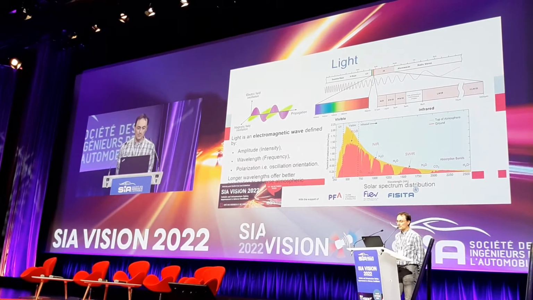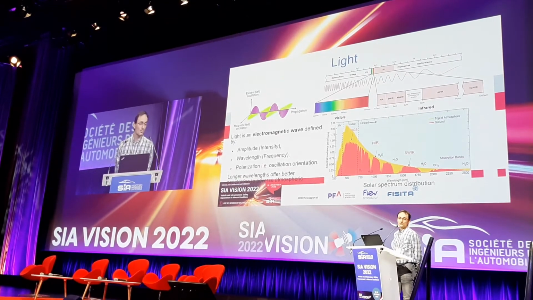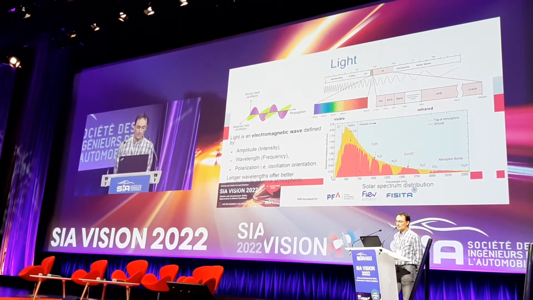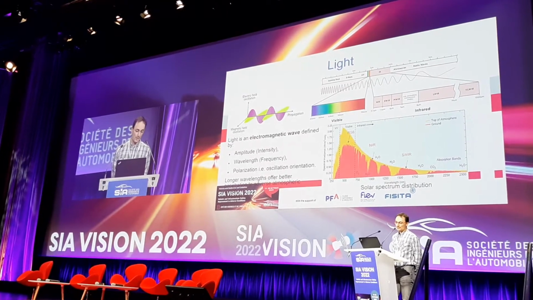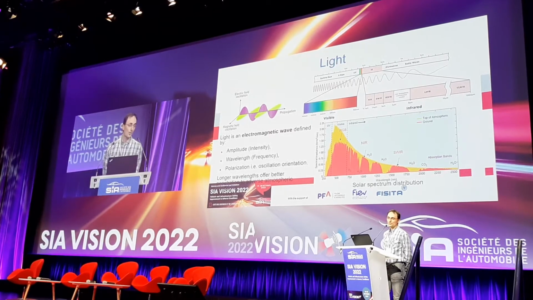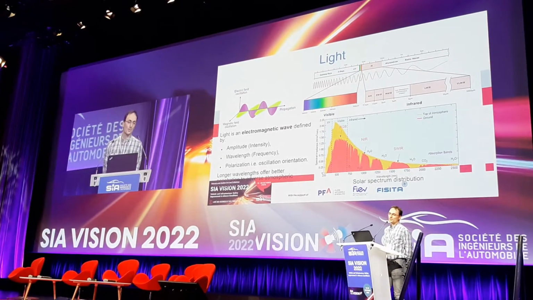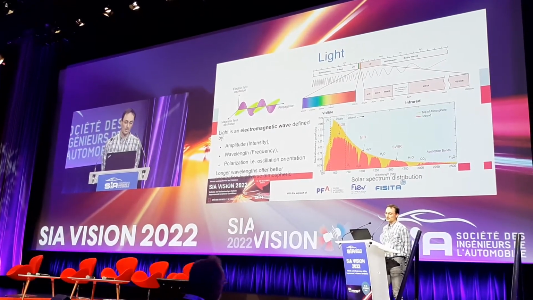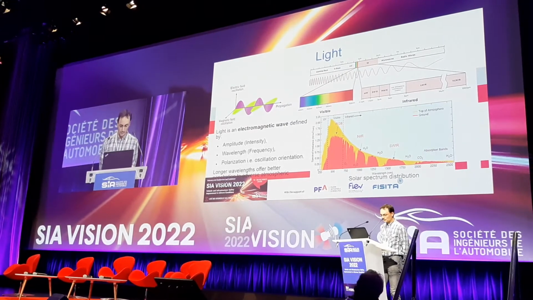This is what the sun gives to us. The yellow is at the top of the atmosphere, and the red graph is what we have on the ground, because the atmosphere will filter some of the frequencies.